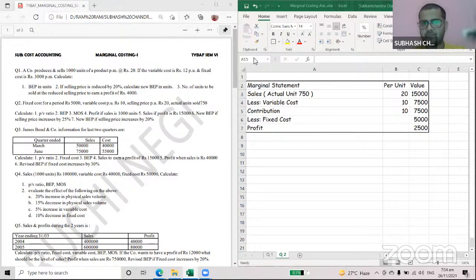Okay, so if audible, what will be the fixed cost per unit? If you can calculate, it's very easy. What will be the fixed cost per unit? Yes, no one is able to calculate.